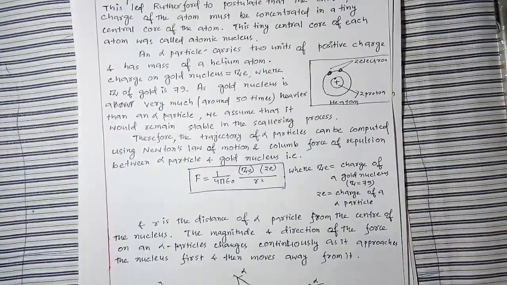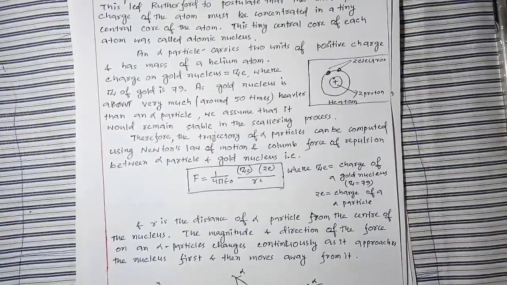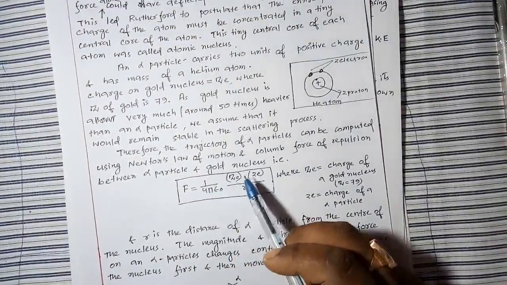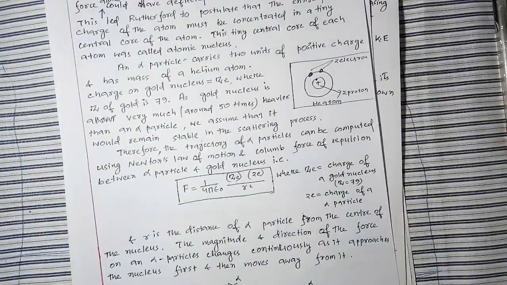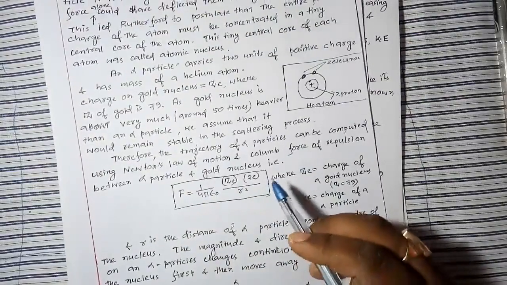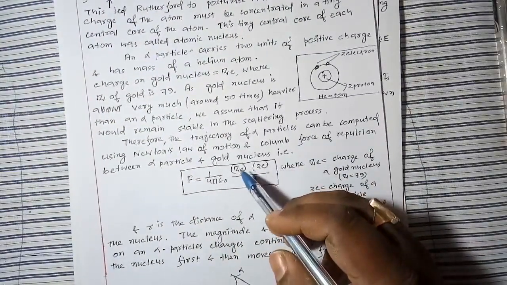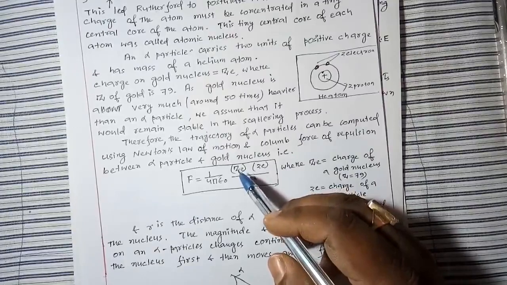Now, obviously, what is this? This is nothing but an expression that you know, 1 by 4 pi epsilon naught q1 q2 by r square, which is Coulomb's law of electrostatics, that all of you know, right? This formula will give you what? The force of repulsion between an alpha particle and the gold nucleus. Is it okay?